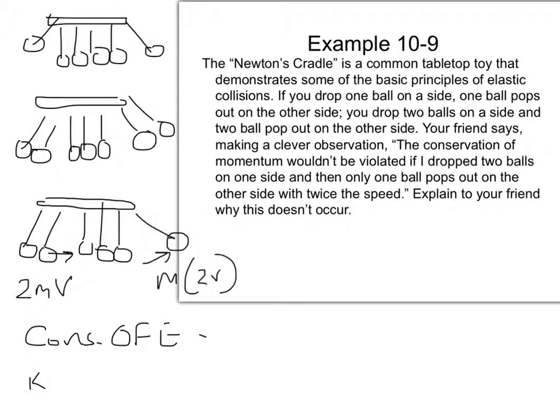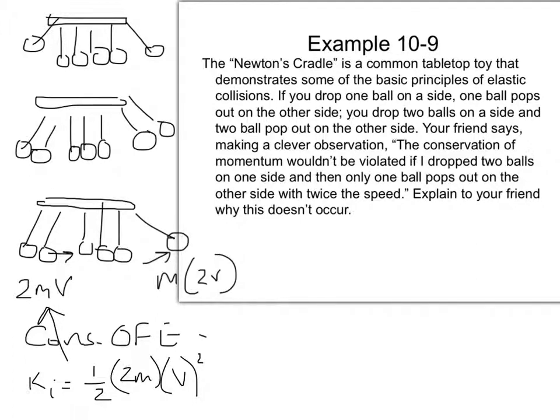Kinetic energy initial is going to be 1/2 times, what's the mass? Well, kinetic energy is 1/2 mv squared, right? So 1/2, 2 times whatever the mass of one of those spheres is, times the velocity squared, right? That's the initial kinetic energy happening right here.